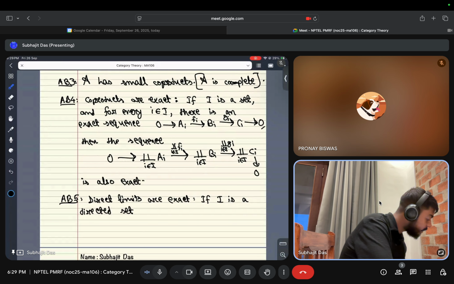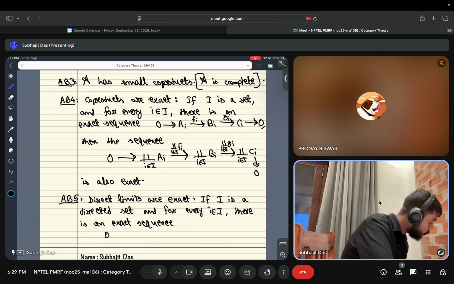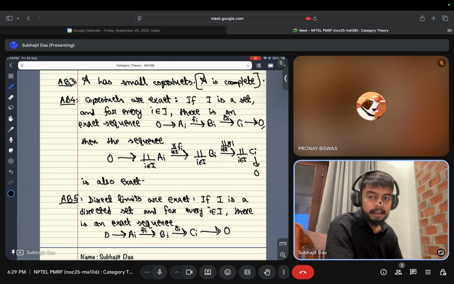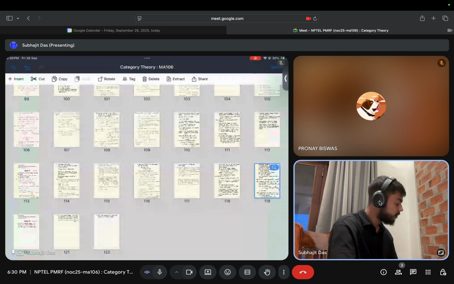If I is a directed set, and for every i in I there is an exact sequence 0 to A_i to B_i to C_i to 0, with maps f_i and g_i. Is this enough, by the way? No, right? Because we have taken a directed set, we should ask for something more. What should we ask for?